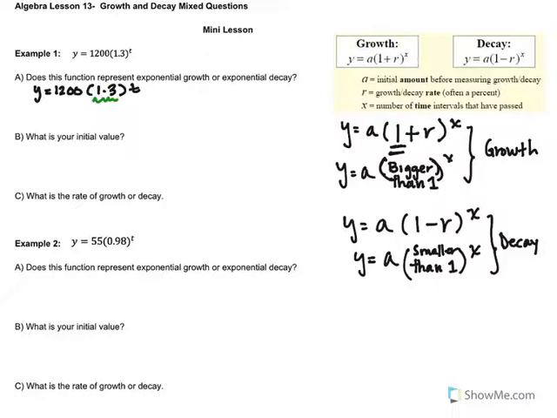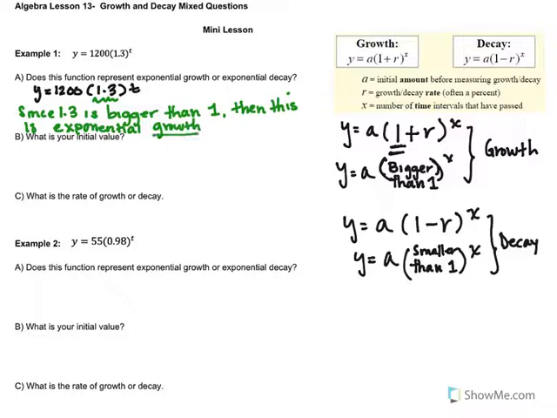I had to add to that 1 in order to get to 1.3. So since my 1.3 is bigger than 1, that means this is an exponential growth.